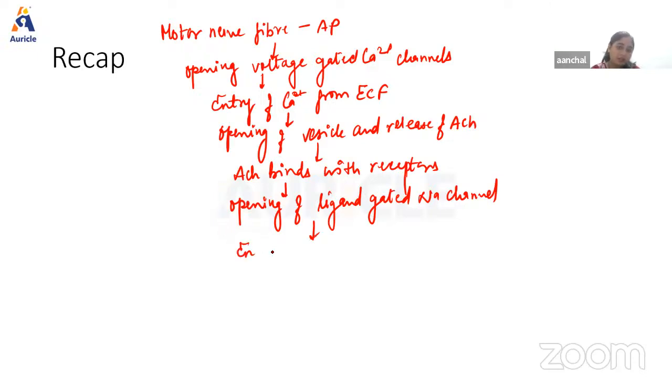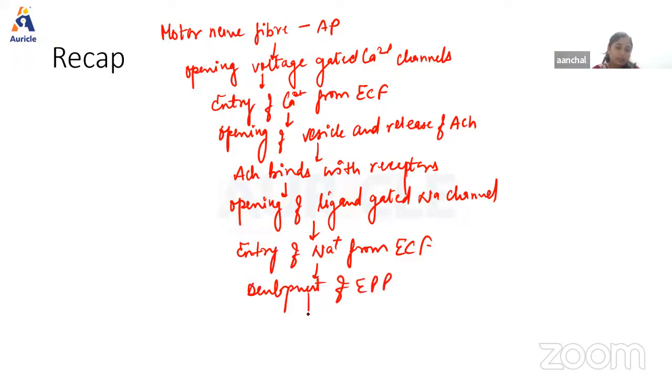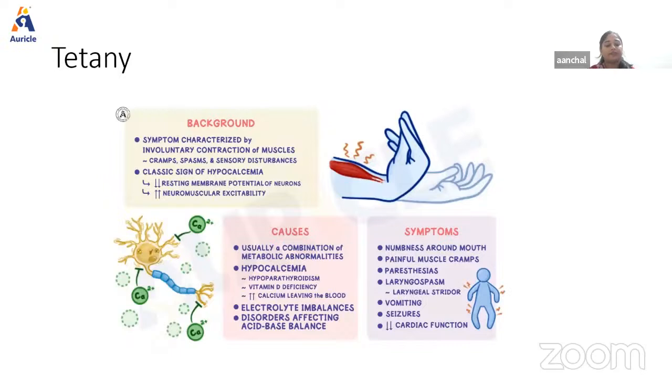There will be influx of sodium ions from the ECF, and it will lead to the development of EPP, end plate potential, and summation of various EPPs will lead to generation of an action potential, and it will cause muscular contraction. This is all about the NMJ.